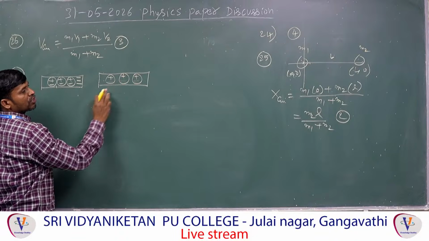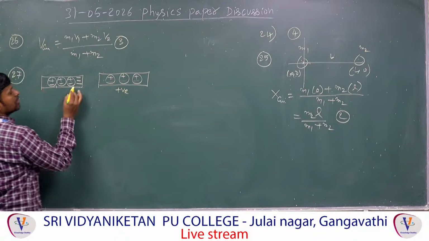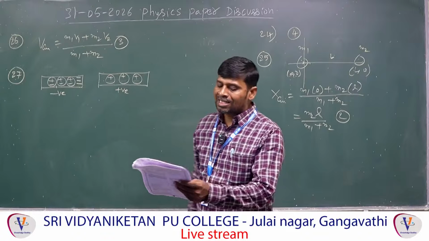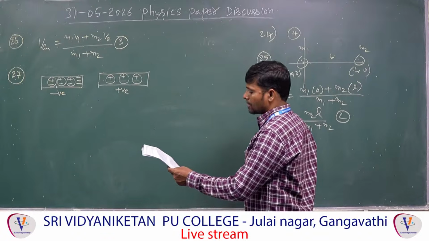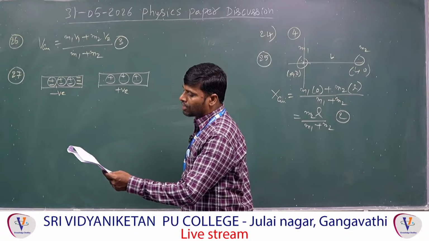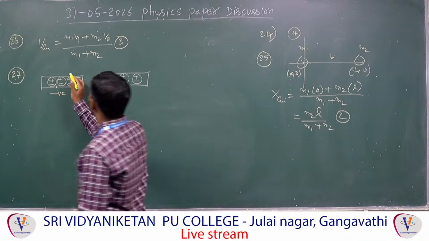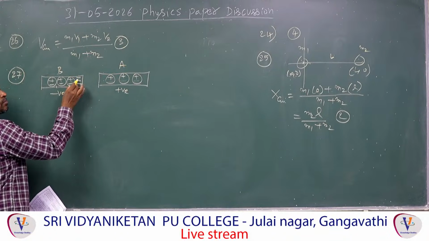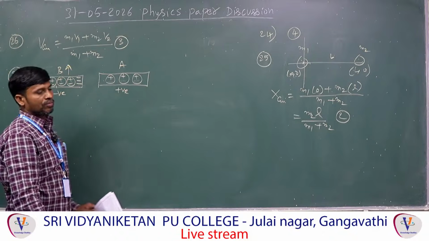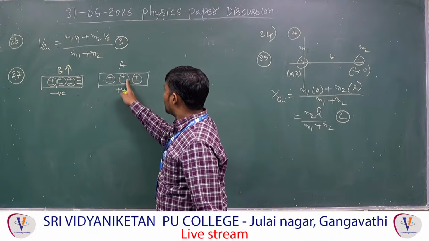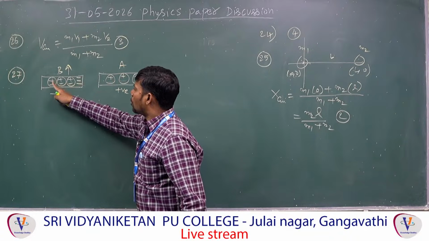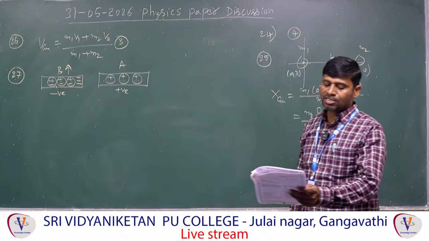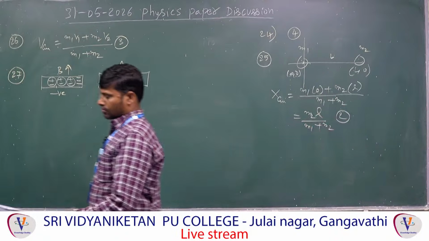Here there is a positive charged body, and where electrons are more, it is negatively charged. In the case of the negatively charged body, compared to the other, there is an excess number of electrons, 3 excess electrons, and that mass slightly increases. So the mass of B value is more.